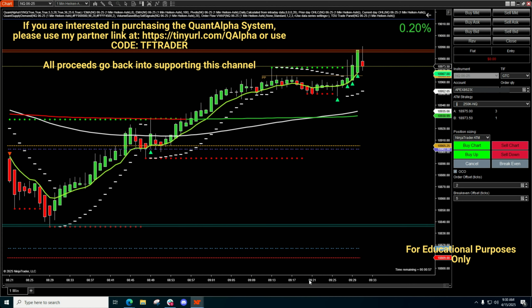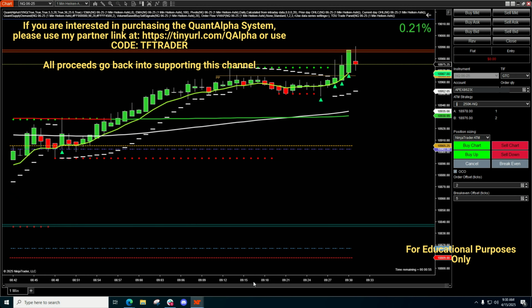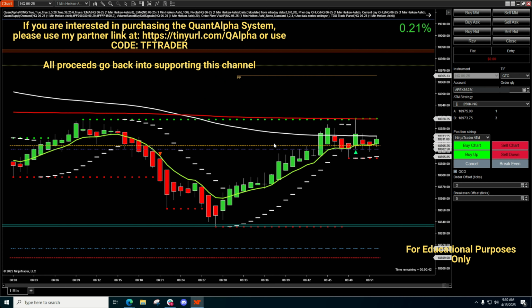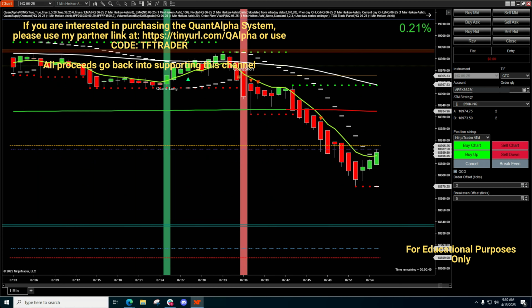Right now the market's open, and I'll share with you some of the trading rules. What I have on the chart is the 100 EMA, that's the white. I have the VWAP, which is this green-red line. I have an 8 EMA, and I have a parabolic SAR and the pivots. What you're going to see Quant Alpha generate will be these shorts, which is called a Quant short, or a Quant long, green.